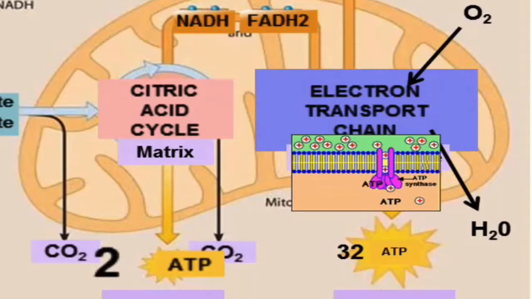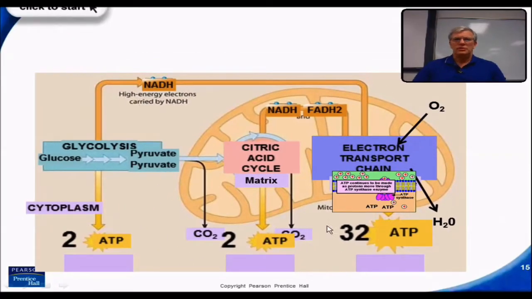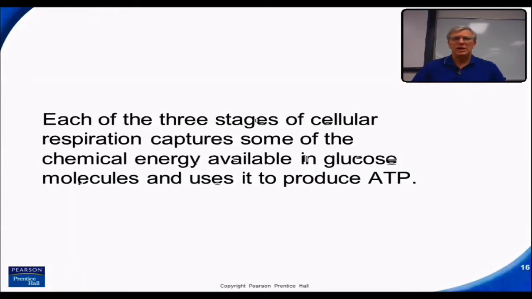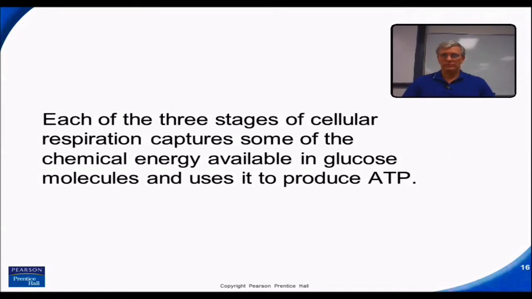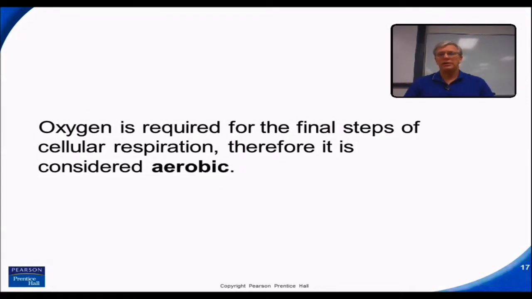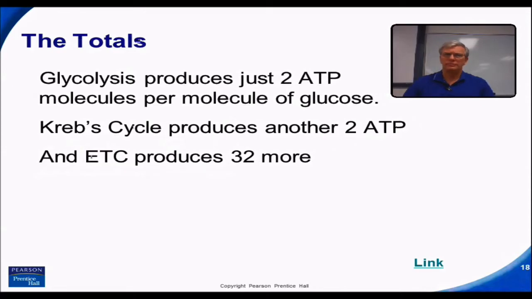And so when it's all said and done, 2, 2, and 32, cellular respiration creates a total of 36 ATP molecules. Each of the 3 stages of cellular respiration then captures some of the available energy in glucose and produces ATP. Because oxygen is required in the final steps, the entire process is considered aerobic.